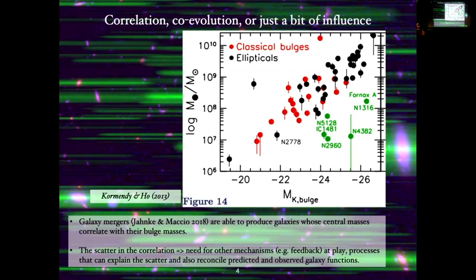That suggests that there is a physical reason for this scatter, and one way to explain it is through feedback, meaning that the processes associated with the AGN tend to insert energy and momentum into the host galaxy's interstellar medium, which may affect its properties and its star formation history, and therefore the size of the bulge that it will be able to make.